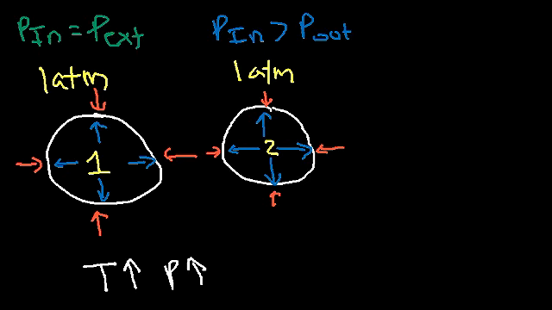Whenever the internal pressure exceeds the outside pressure, gas expansion occurs. As a result of increasing the internal pressure, the volume of the balloon is going to increase. Granted, you need a vessel that is expandable. If you use a rigid container that won't expand, this is not going to happen. But for a balloon, when you increase the internal pressure, the volume will expand.